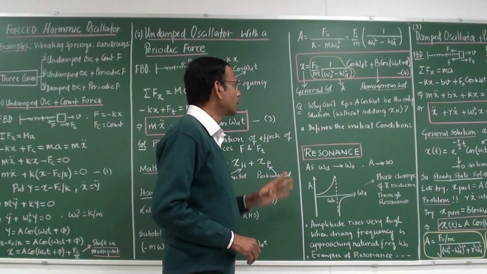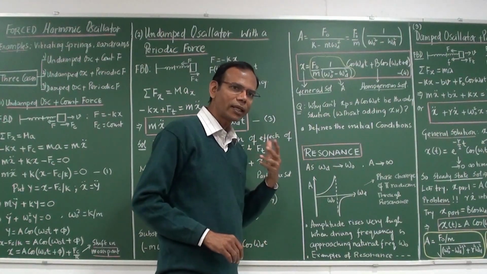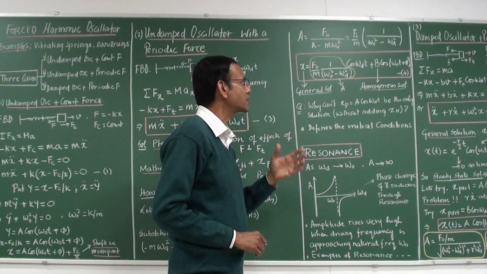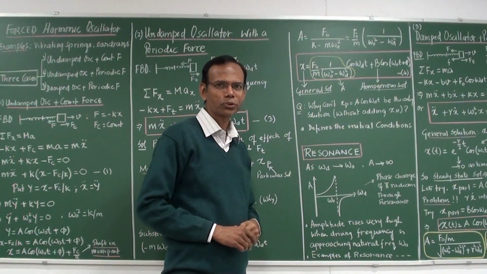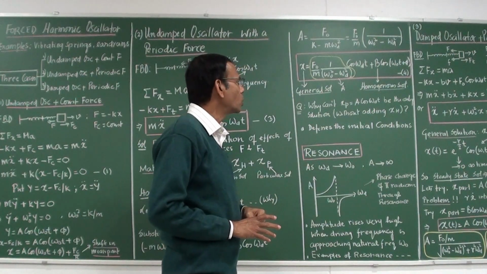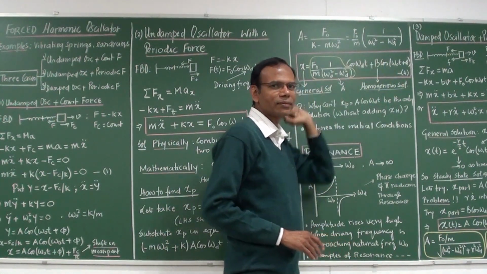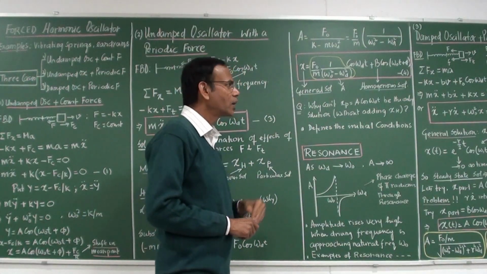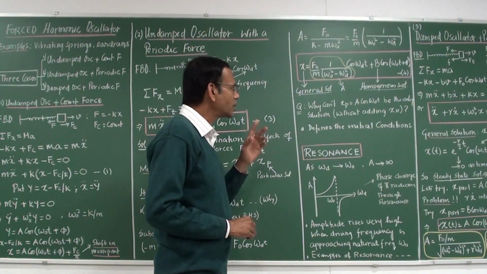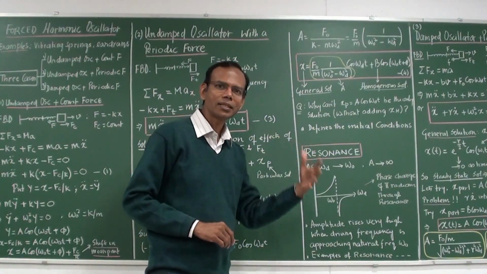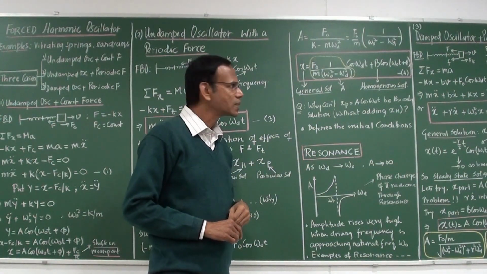Okay. Now again a confusion comes. In the third part, that is damped oscillator plus periodic force, we are not considering this homogeneous one. Why? We will see that later. There we are interested only in the steady state solution. Why are we interested in the steady state solution?